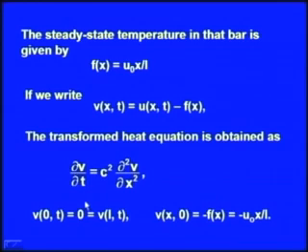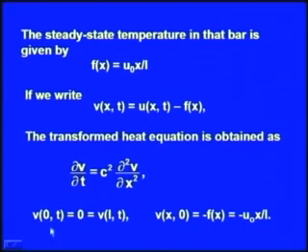The boundary conditions which we had assumed as u(0,t) equal to 0 and u(L,t) equal to u₀ are transformed into v(0,t) equal to 0, because when you put x equal to 0 here, v(0,t) becomes u(0,t) minus f(0). f(0) is 0 when you put x equal to 0, and u(0,t) is 0.